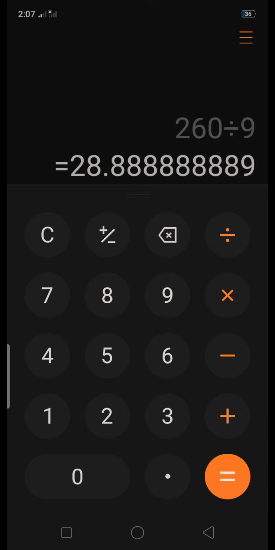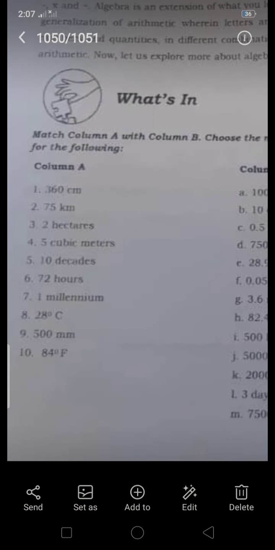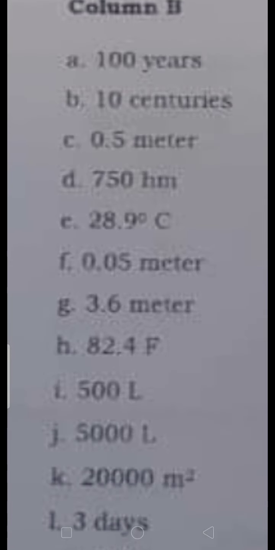So that is 28.888. O pwede rin natin pag 2 digits lang, 28.89. So, ang equivalent na, 84 degree Fahrenheit is equivalent to 28.89 or 28.9 degrees Celsius.